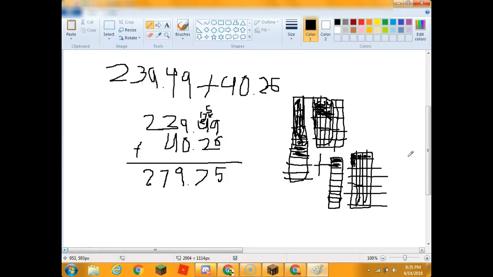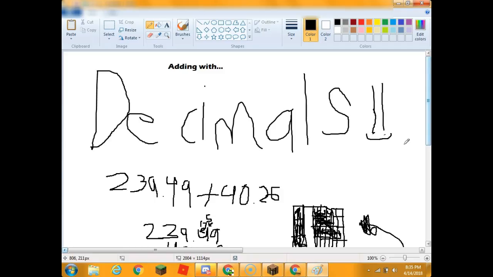So now that we have 9 there, we add 6, and 2, 3, 4, 5, 6. And ta-da! There you have it. And just shade this in a little bit more, and it equals what I just did. So those are 2 ways to do the addition with decimals.